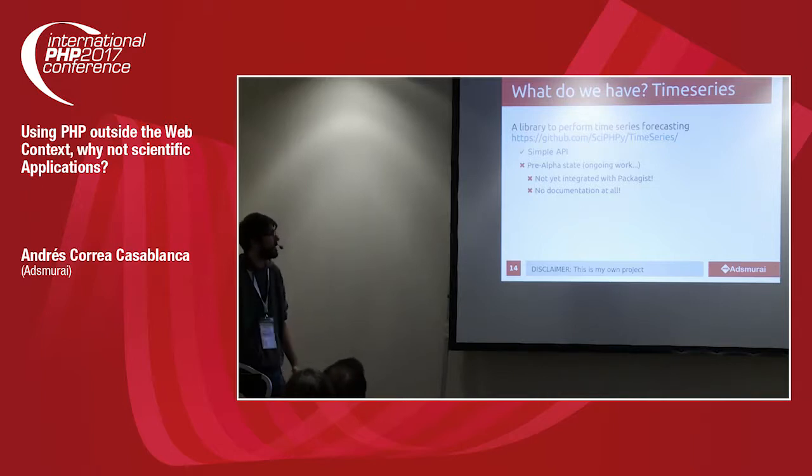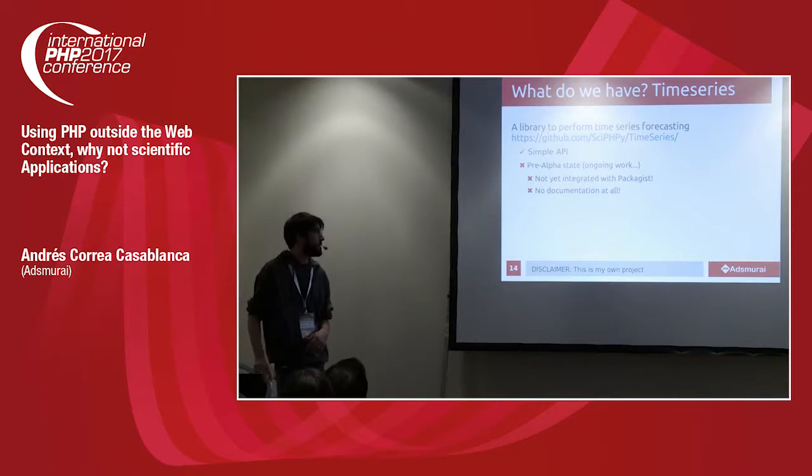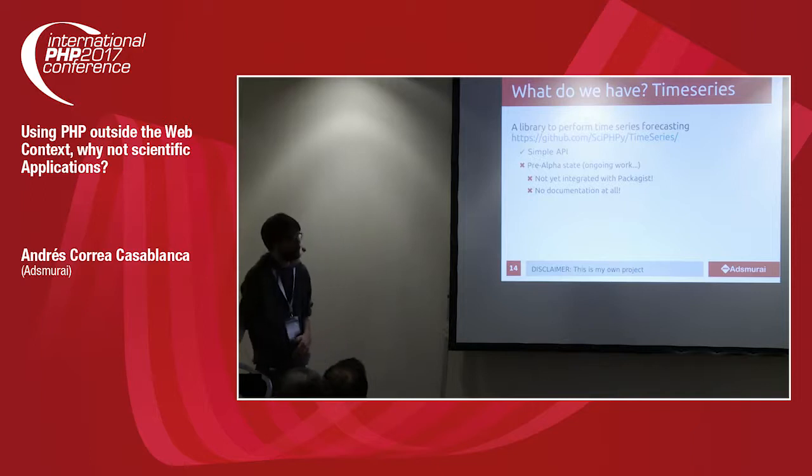It's not even finished. It's usable right now. We can forecast simple time series, but we only have exponential smoothing with damping trends and many other interesting goodies, but nothing really serious for production.